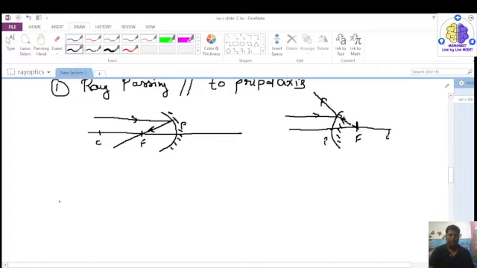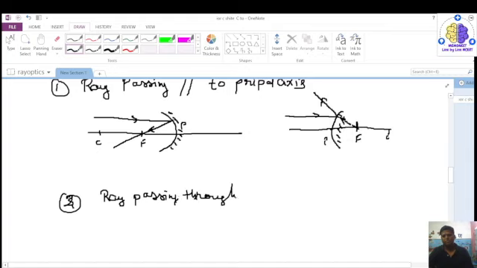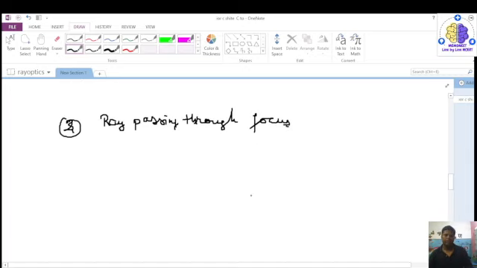Second type of ray which we are supposed to use is a ray passing through the focus. Now again we'll draw two diagrams for a concave and a convex mirror.